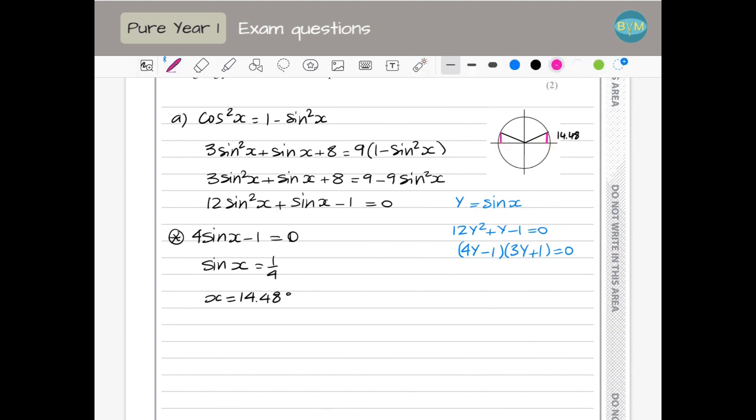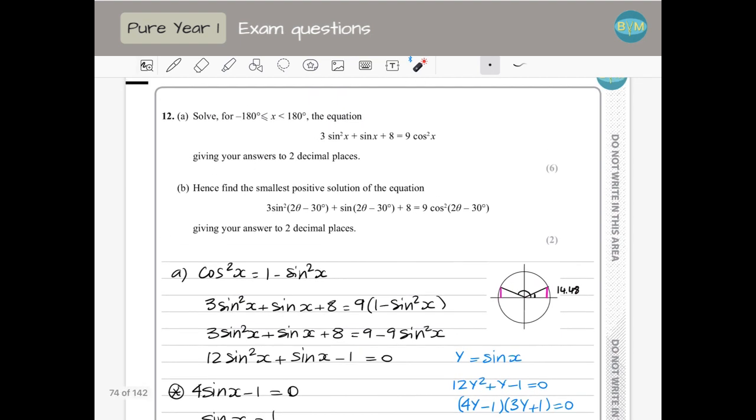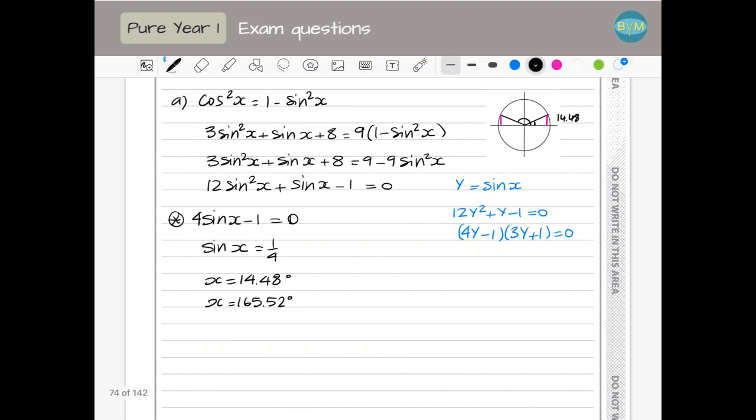If this angle here was 14.48, this one here is going to be 180 minus 14.48, so that second solution is 165.52 degrees. I don't have any other, because the next one would go a whole turn plus 14.48, and it's completely out of our interval. So these are the two solutions that this first bracket is giving me.